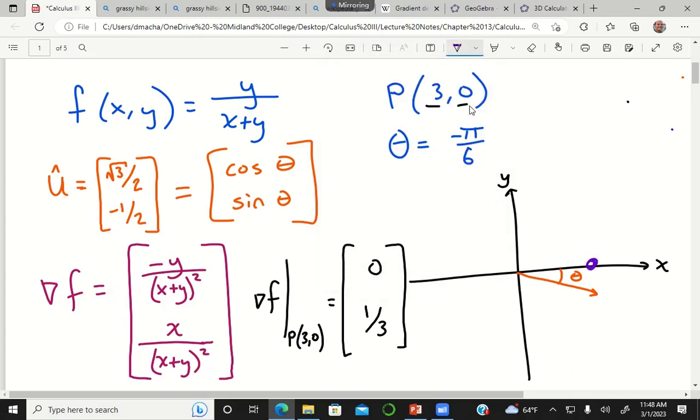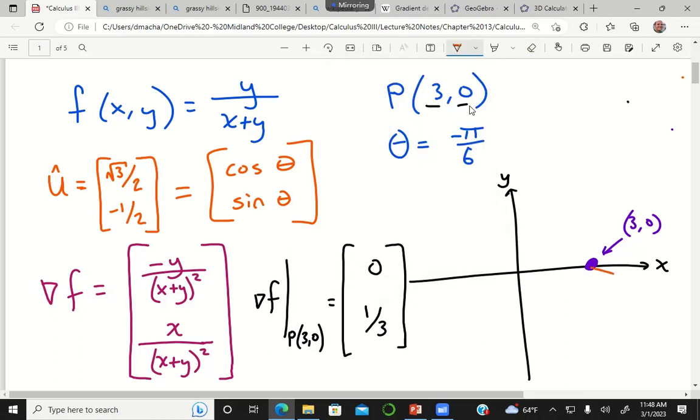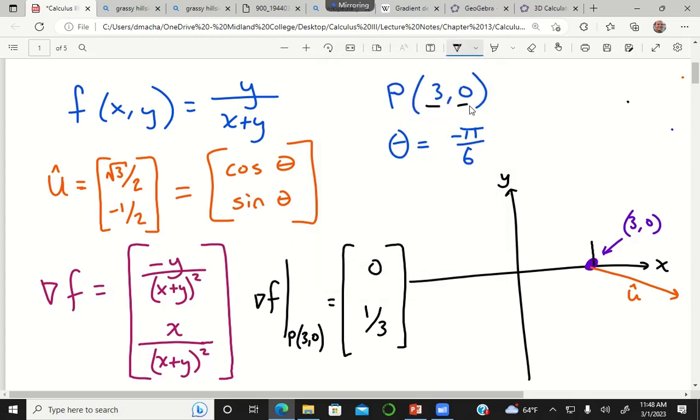Here's my point 3, 0. The direction that I'm asking about, remember, is in this direction. The gradient is in the direction 0, 1/3, so the gradient is like this.